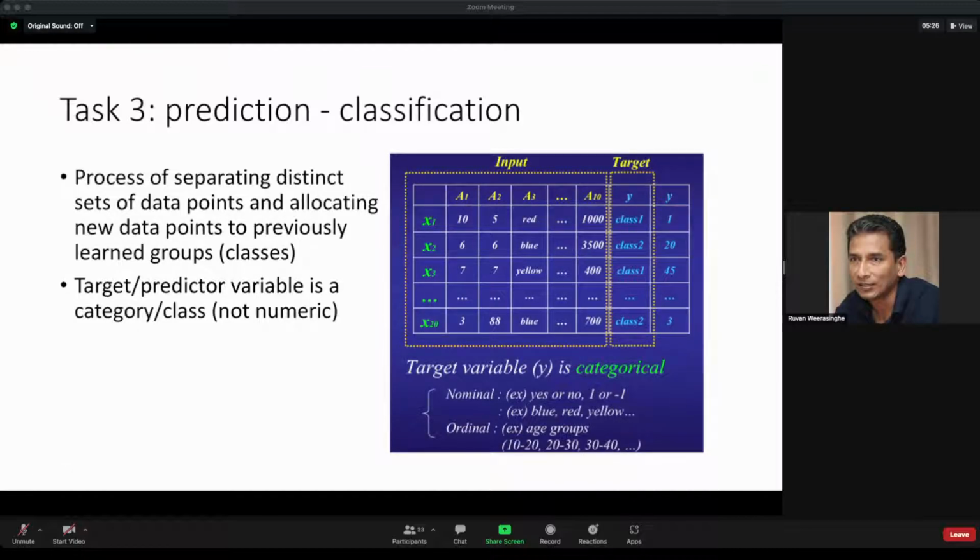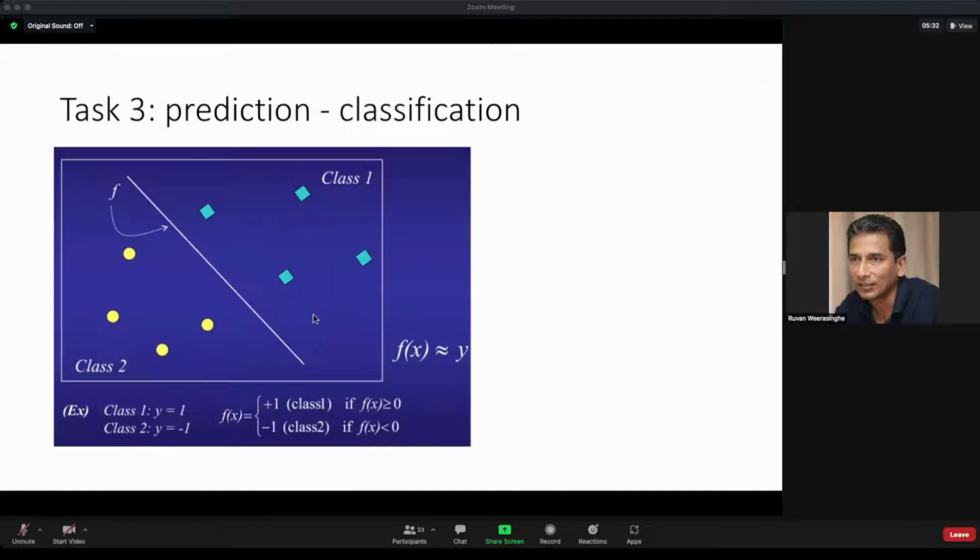In classification, it's different. We are trying not to fit a line, but to draw a line that separates the data. So these are the data points, and we are trying to find a line that separates them.